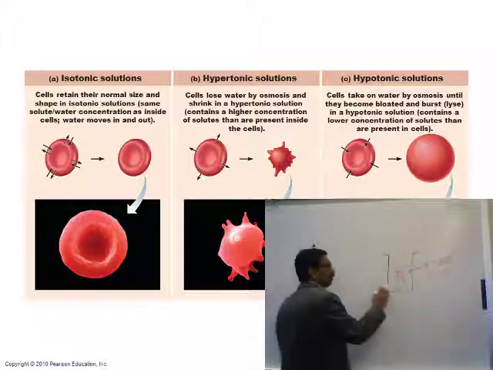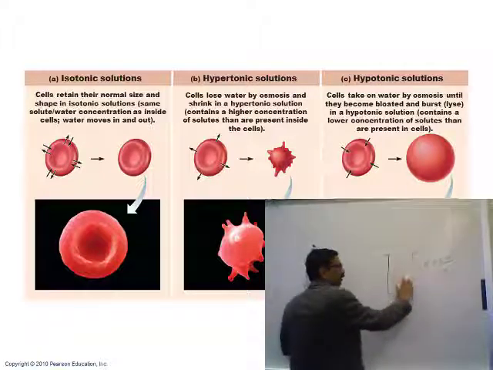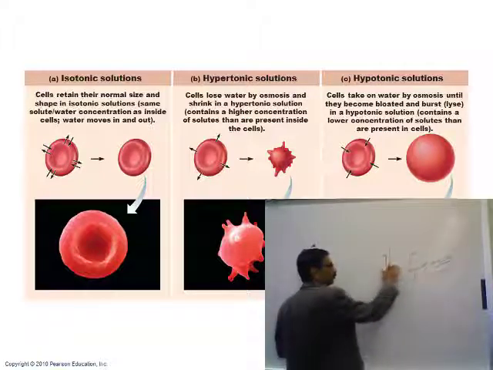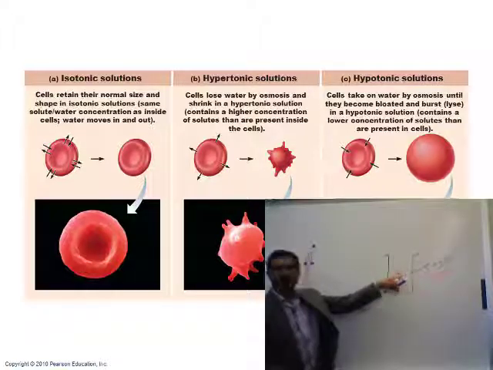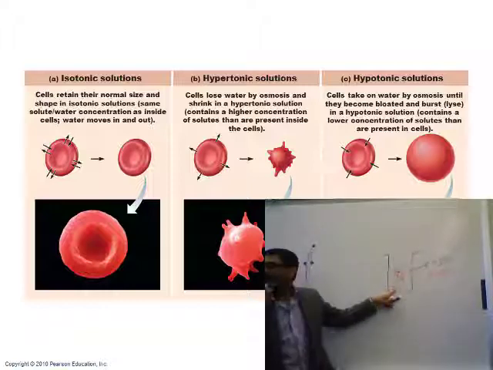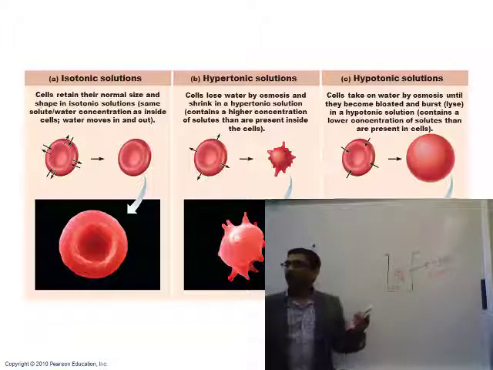Now, if I change this solution, now the concentration of solution here is 20. So compared to the cell, this is what? Hyper, right? This is hyper, more, double. Always water will move from what?